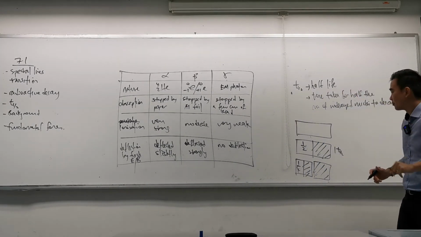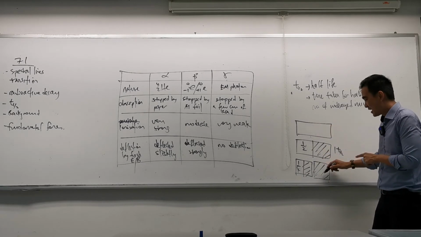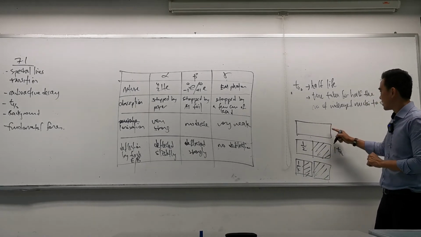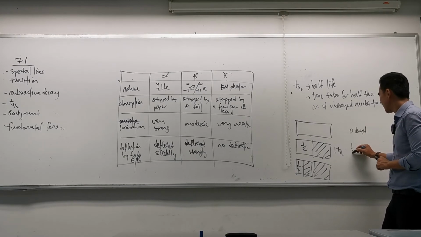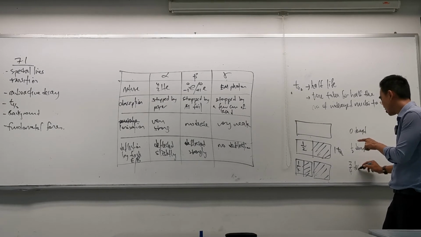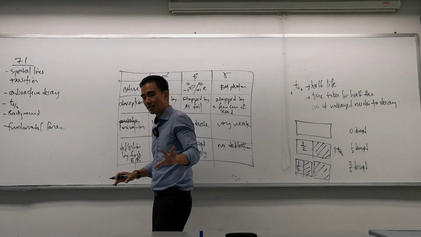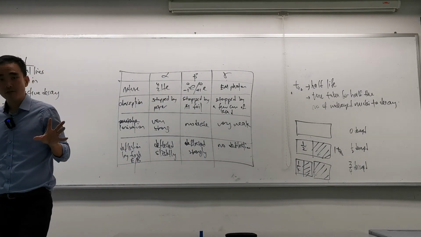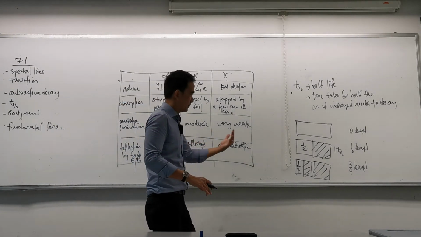Now be very careful. Even though you have half to the power n remaining, whatever is decayed is not half to the power n. Say for example, this one is 0 decayed, this is half decayed, but this is not 1/4, it is 3/4 decayed. So you need to be very careful what the question is asking. Does the question ask for the number of decayed nuclei or the number of undecayed nuclei?